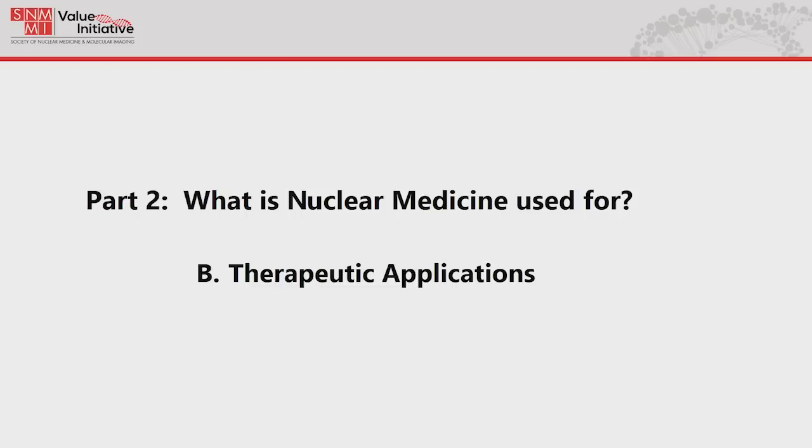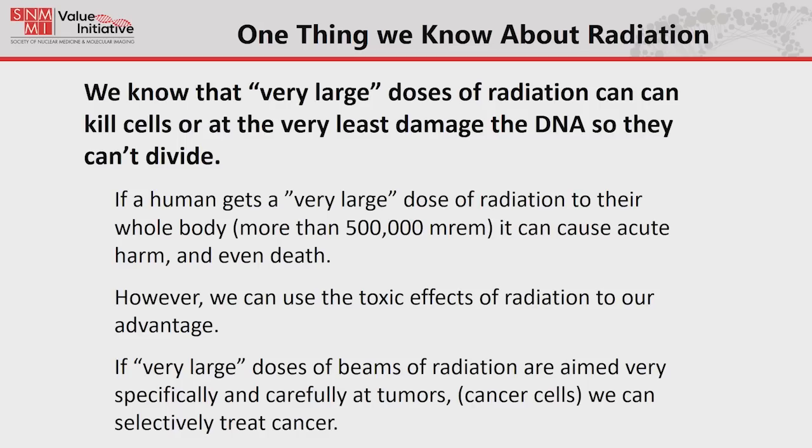I want to move on to therapeutic applications just for a couple minutes. And to this, we need to begin to understand a little bit about radiation, and not just what it can do for us, but the harmful effects. And I'm going to get into the doses here in a minute. But we do know that very large doses of radiation can kill cells, or at the very least damage the DNA so they don't go on.